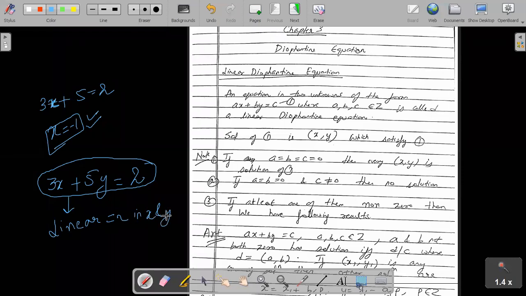Now the question is, am I able to find the roots of this equation? Yes, you take x is equal to -1 and y is equal to 1. Then -1 and 1 satisfy this equation. Left hand side is equal to right hand side, both are equal to 2. So we have got one root.